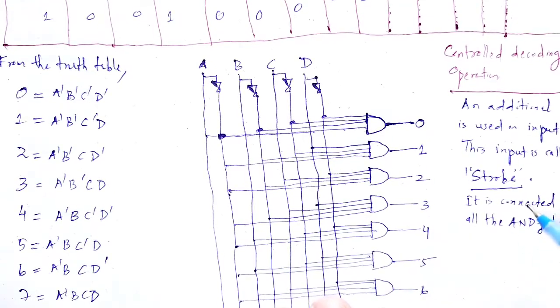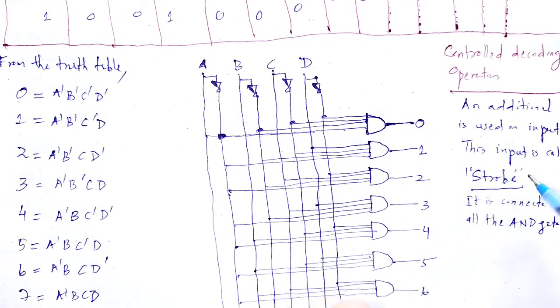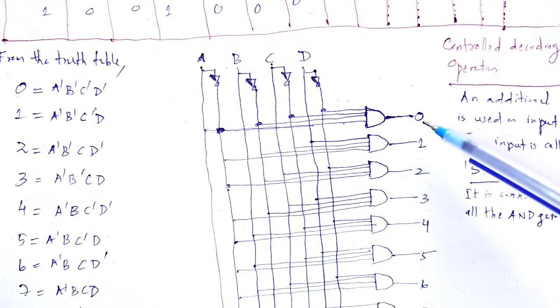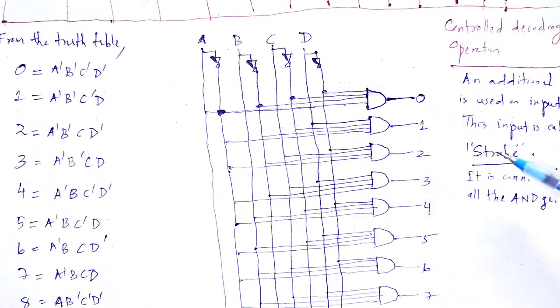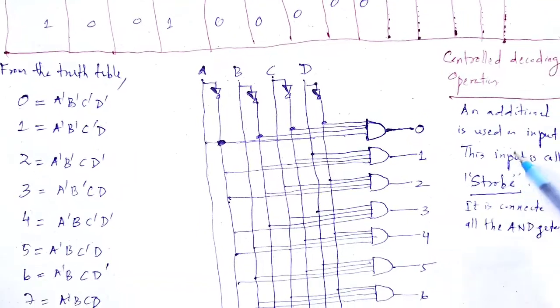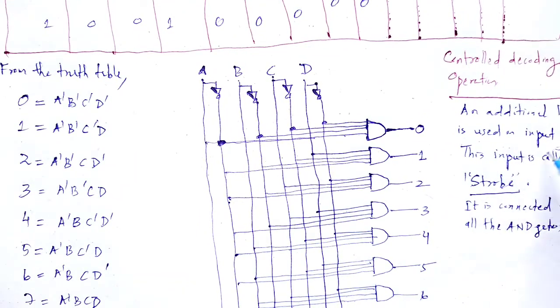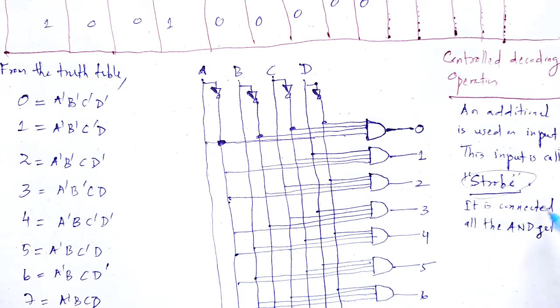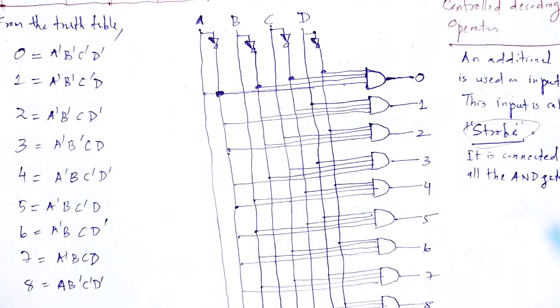Therefore, when that strobe is activated by a binary signal, the gate is enabled according to that binary signal. If the binary signal is on, it starts decoding; if off, meaning 0, it stops decoding. For controlled decoding operation, an additional line is inputted. That additional line is known as strobe, connected to the AND gates.